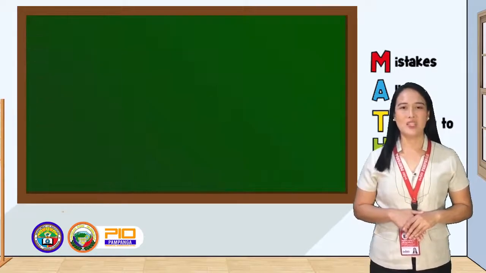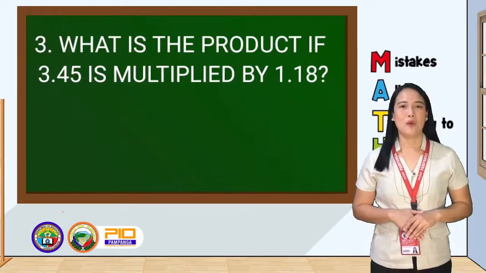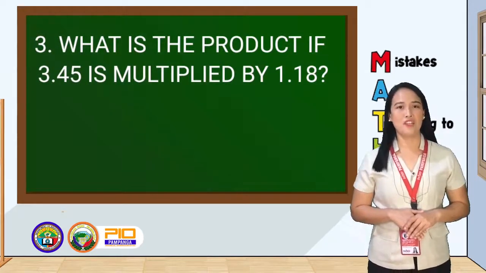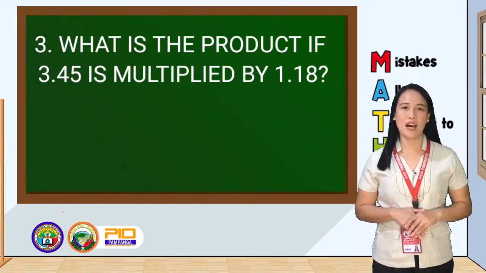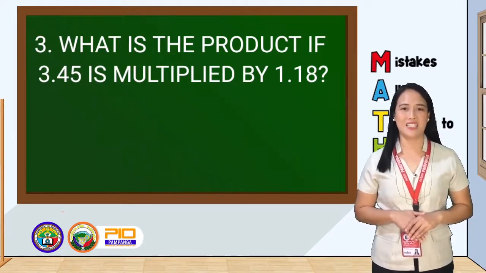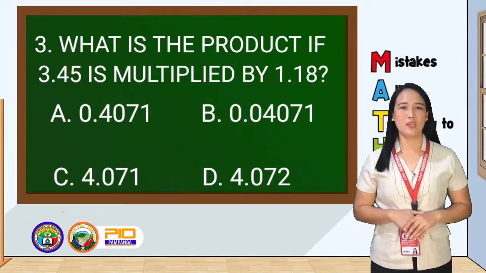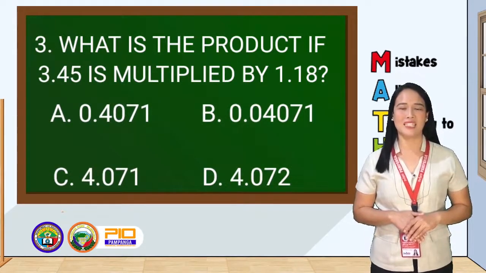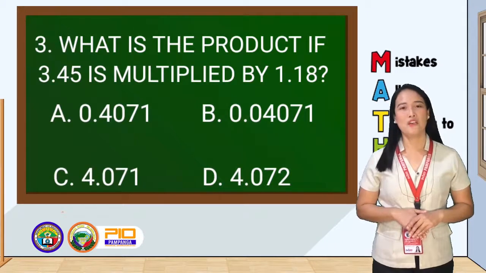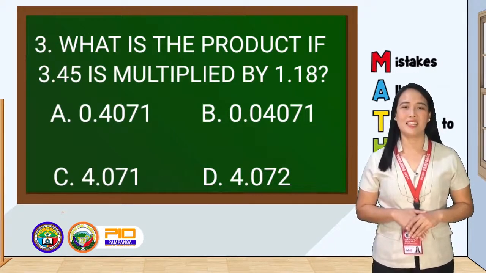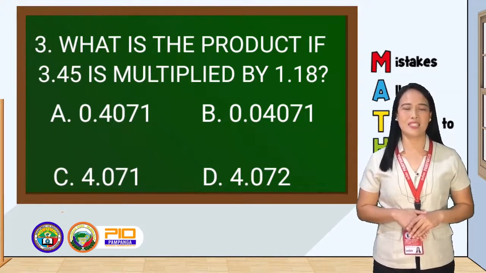Let's proceed to number 3. What is the product if you multiply 3 and 45 hundredths by 1 and 18 hundredths? A, 4,071 10,000ths. B, 4,071 hundred-thousandths. C, 4 and 71 thousandths.